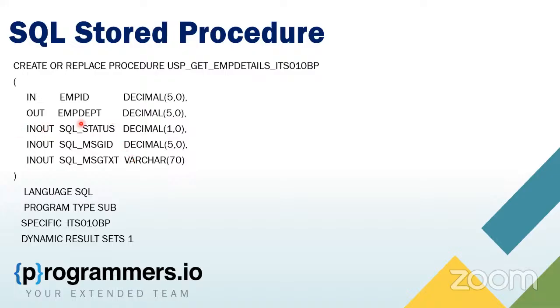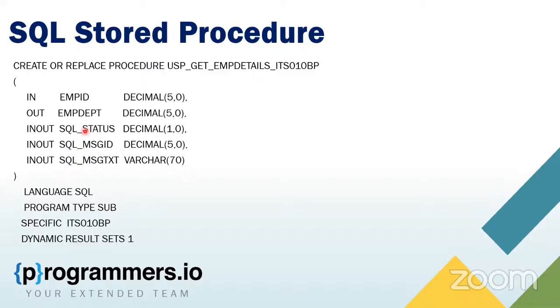Because this is in out, I can return that parameter and also receive a value in it. But in this specific example, I will return it. What is that? SQL status, message ID, SQL underscore message text. Just remember those names, because on the next slide we will discuss them and see the purpose of those parameters.